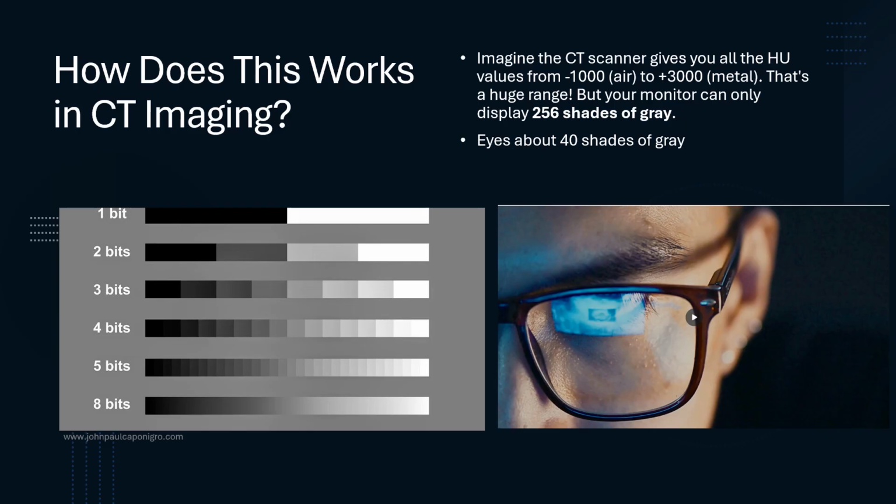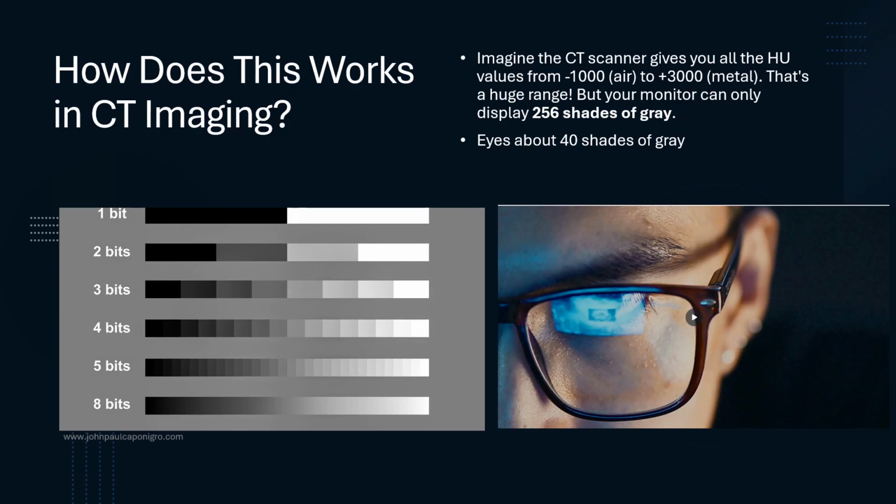For example, 1 bit can only display 2 shades of gray, black and white. 2 bits allows 4 shades of gray, 3 bits gives us 8 shades of gray, 4 bits gives us 16 shades of gray, 5 bits allows 32 shades of gray, and with 8 bits we can display 256 shades of gray.